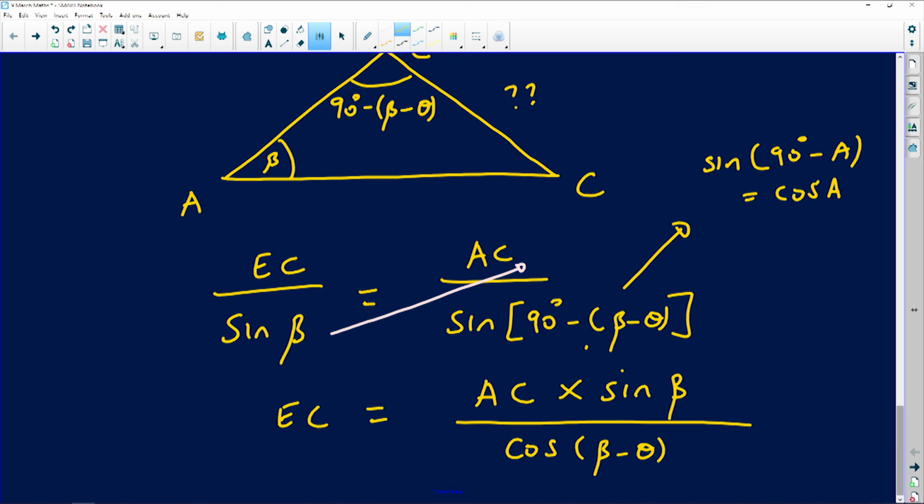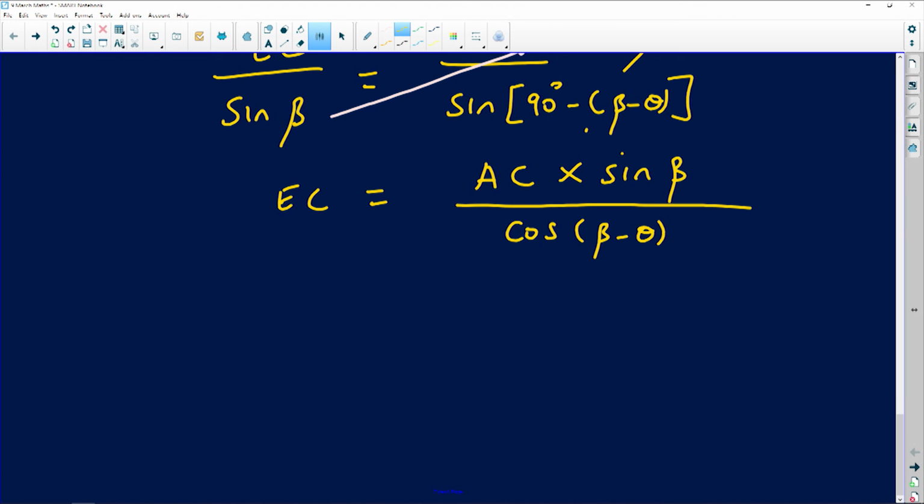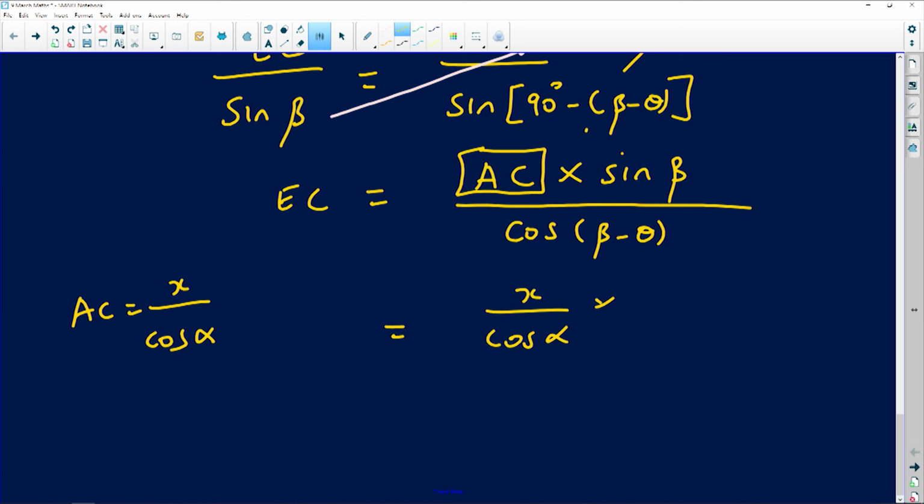And then if you go back to what we have found since we started simplifying here, that AC was one of the things we asked you to work out in the beginning, and we found it to be x over the cosine of alpha. So I can substitute this where I see AC: x over the cosine of alpha multiplied by the sine of beta, and everything should be divided by the cosine of beta minus theta.